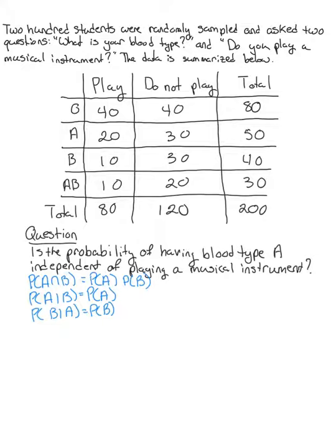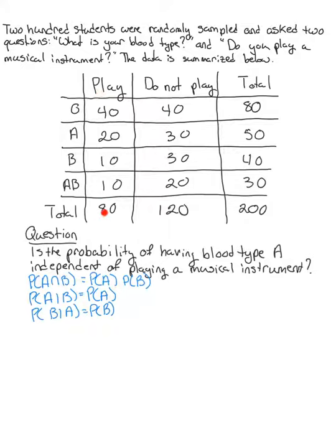So here, let's go to the second definition first. That says the probability of A given B is equal to the probability of A. What this means is the given part represents, let's say we know that B is true, that the student does play an instrument. So that means we would be only working with the data in this first column here, the play column.